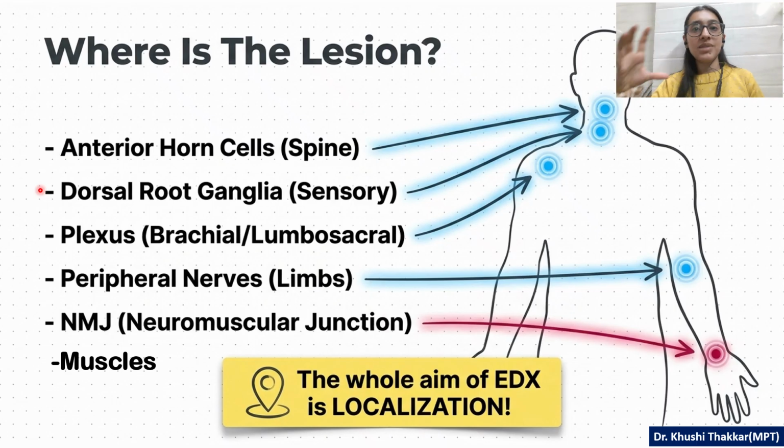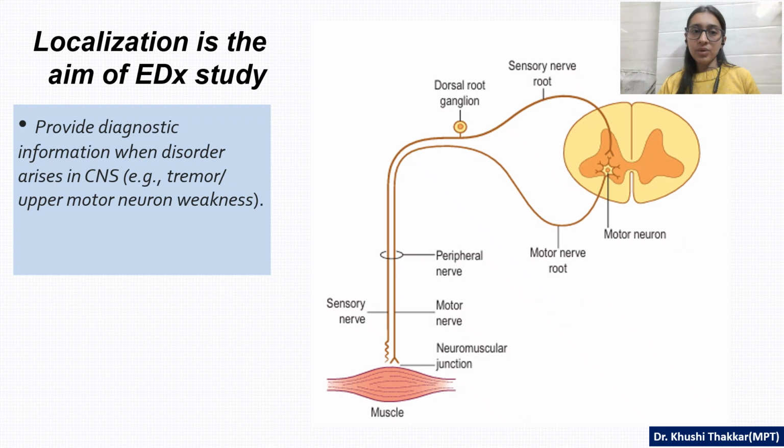From these two come our nerve roots. Is the problem in the nerve roots, which come together to form the plexus, which then come out as the peripheral nerves? We will be checking the limbs for that, and the neuromuscular junction, and finally the end organ, that is your muscles.